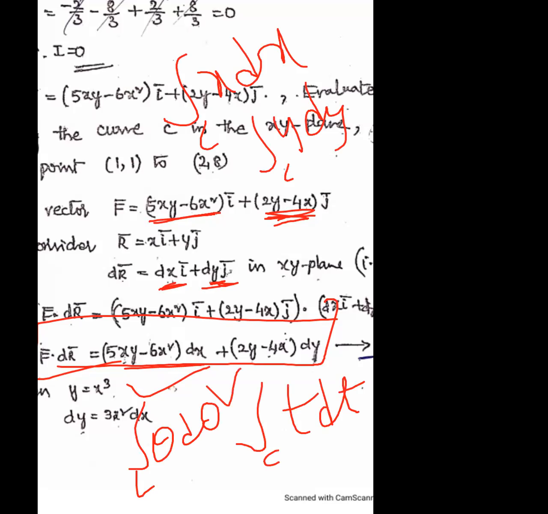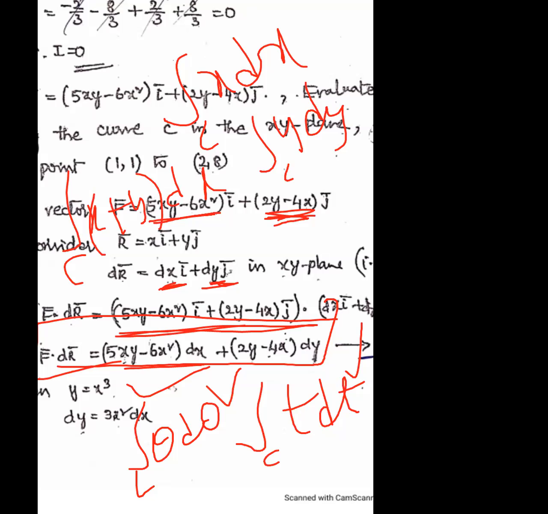These terms are possible. A line integral of (x plus y) dx is not possible. So in the given problem, two variables are given, x comma y. So I convert either x into y or y into x, because line integration is only possible in a single variable.